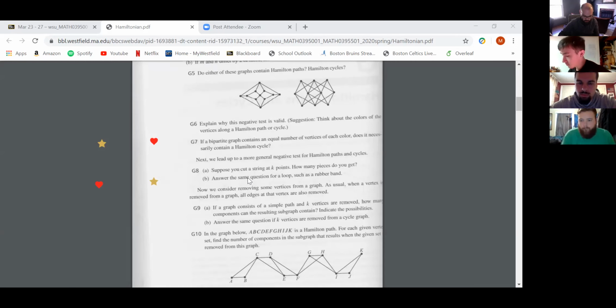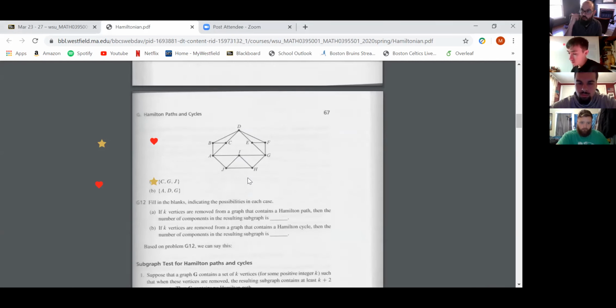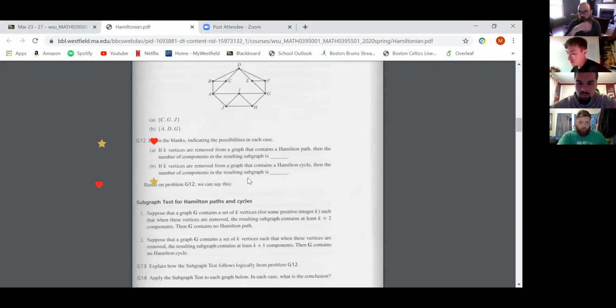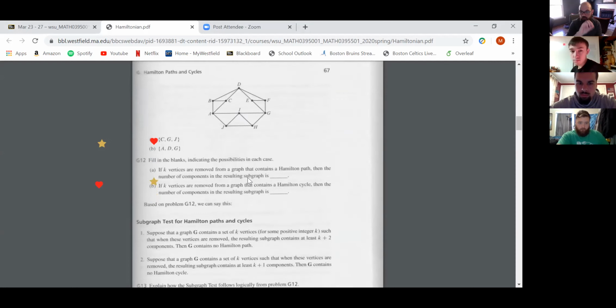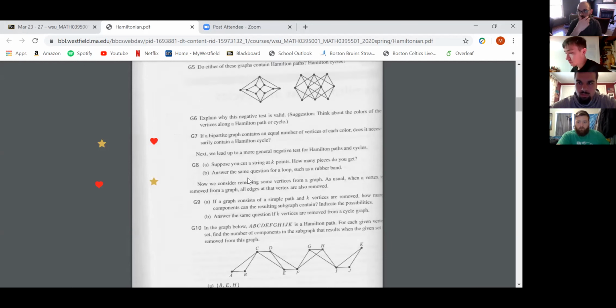If you go on to the next page, after G12, it says subgraph test for Hamilton paths and cycles. It's about cutting the graph or deleting vertices and figuring out how many components there should be if there was a Hamiltonian path or a Hamiltonian cycle. Dan, keep thinking about your counterexample. I'm working on it.